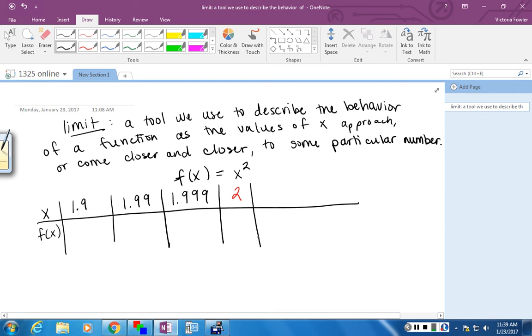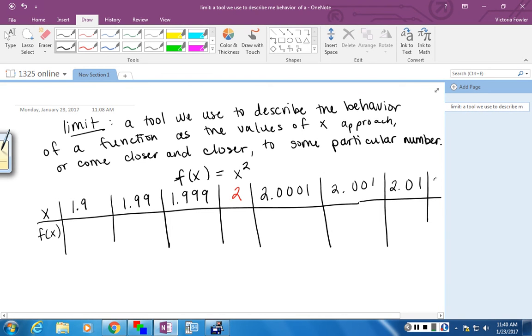And then I could actually be really close to 2 as well, but on the other side, so we just kind of mirror what you see on the left there. And I'm running out of room, but I could put like a 2.1 here, for example. And this will give us the idea.